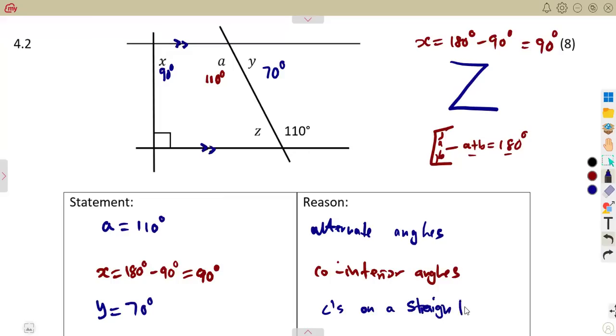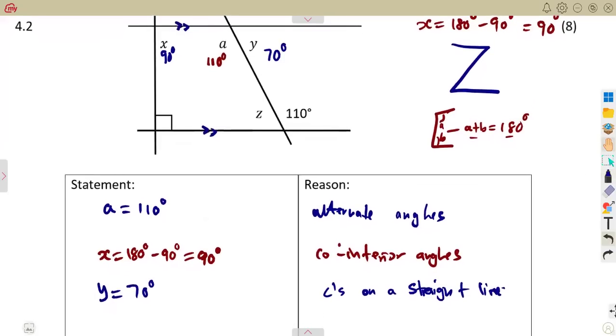I do not know which geometrical concept you applied in order to have that. Again, maybe you calculated Z in the first place, because Z is angles on a straight line. Or maybe from this Y that we are seeing, we can see that these are alternate angles; we are creating a Z. So if this is 70, this is also 70 degrees.